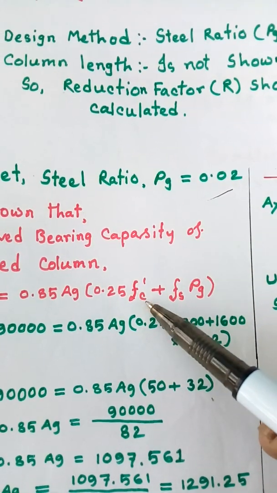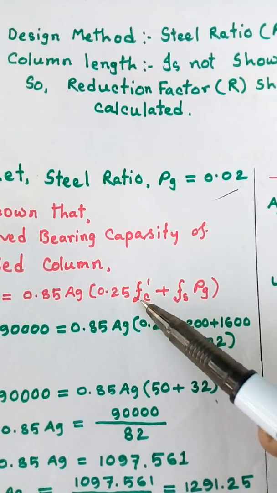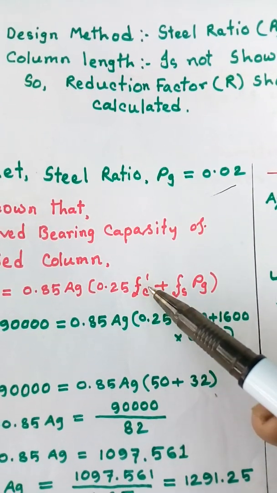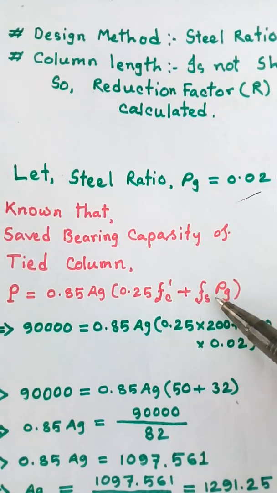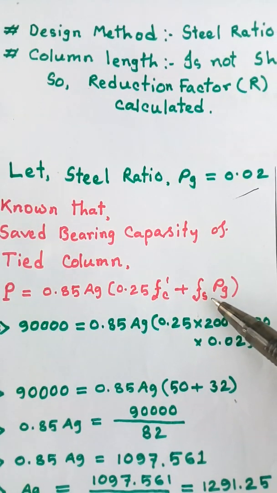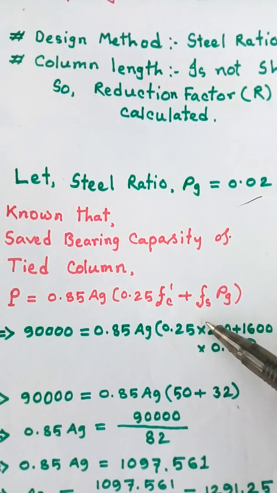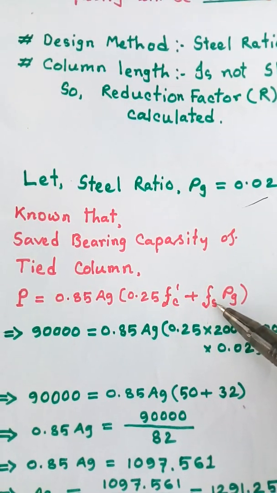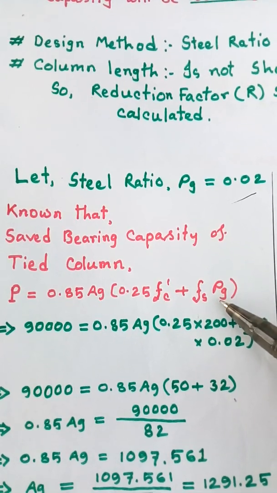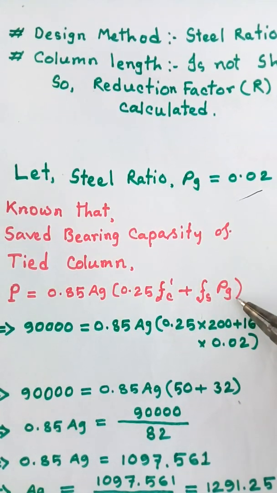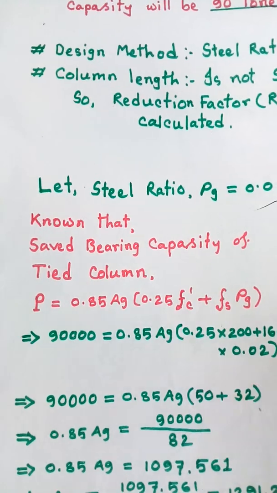A prime C is the ultimate compressive stress of concrete, plus Fs. Fs stands for allowable tensile stress of steel, and rho g stands for the steel ratio, close bracket.